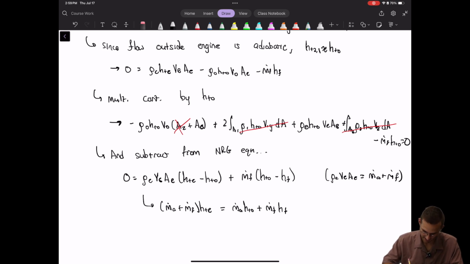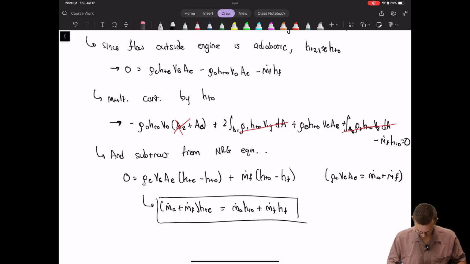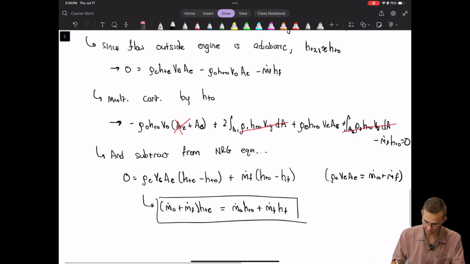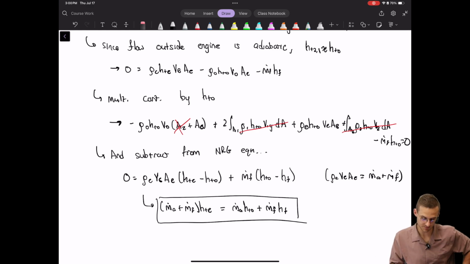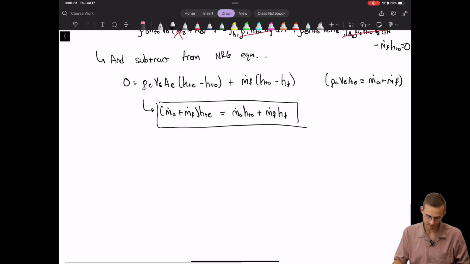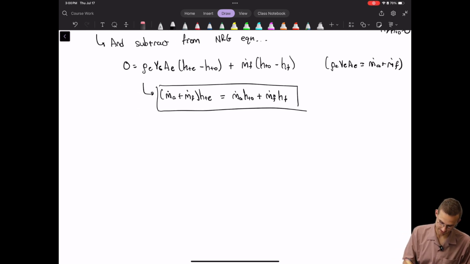This is an intuitive equation that we almost could have written down to begin with. It's literally just stating that the change in stagnation enthalpy per second of the flow is equal to the rate of heat injection due to the fuel burn. So the total energy exiting the flow, on the left, is equal to the energy captured by the engine, the m dot A HT naught, plus the rate of fuel energy injection because of the fuel burning. Now that we have that energy balance, let's develop some efficiency measures.